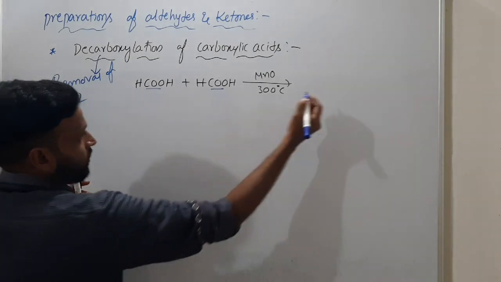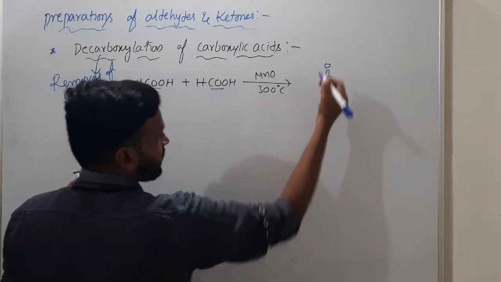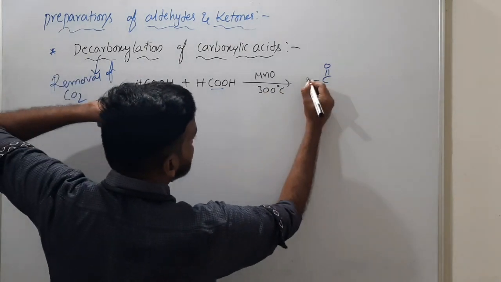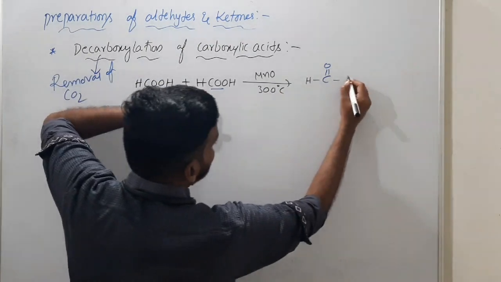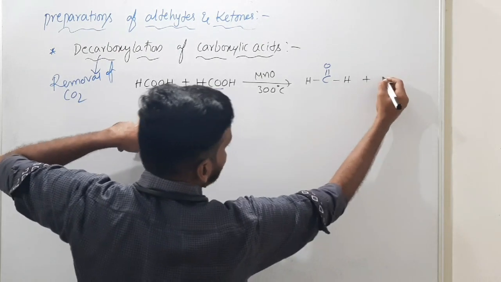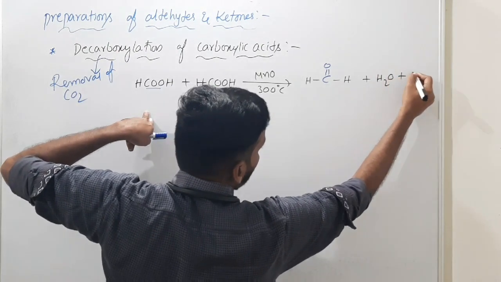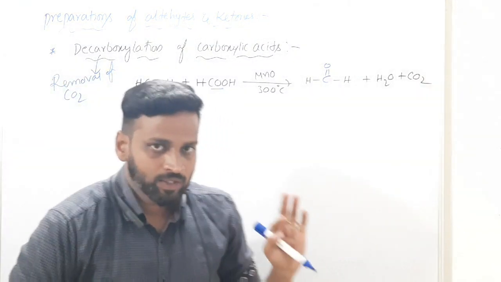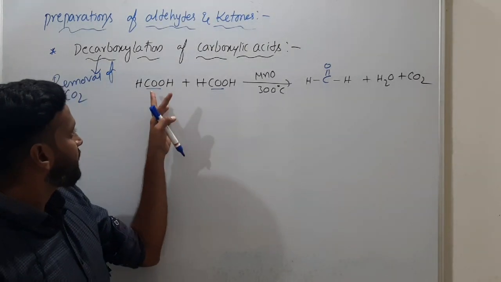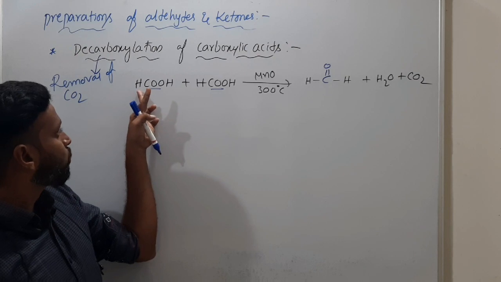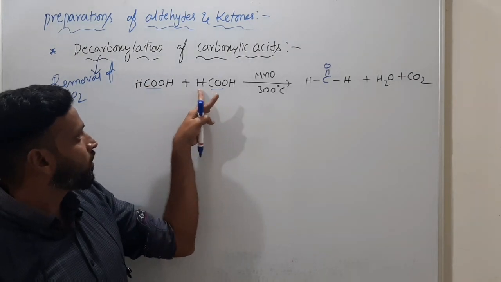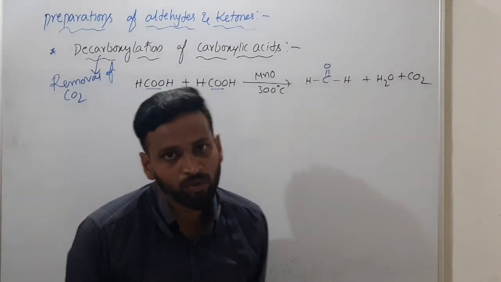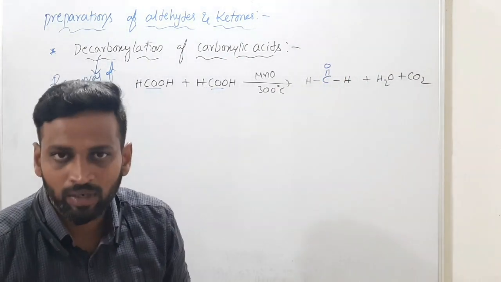So first you write C double bond O, got it? Hydrogen you write on one side and this hydrogen on the other side, but here the remaining byproducts are H2O and CO2. That's it. So here I did the same for COO. What group was attached? Hydrogen. For the other COO, what group was attached? Hydrogen. So for CO I wrote hydrogen on both sides. Then I can get the product.